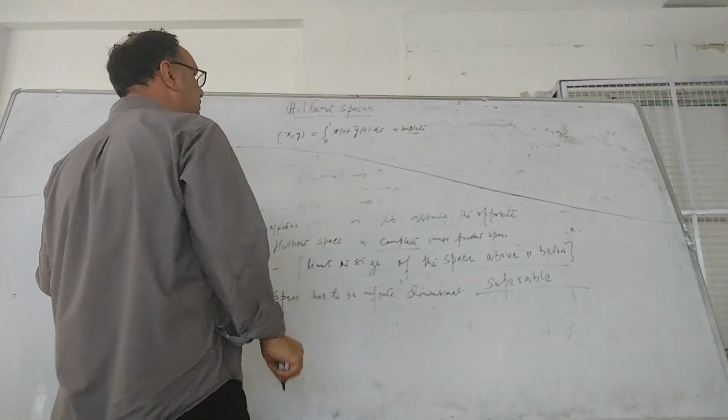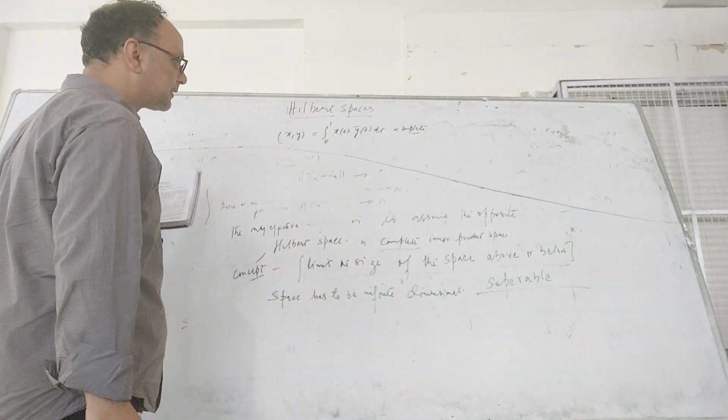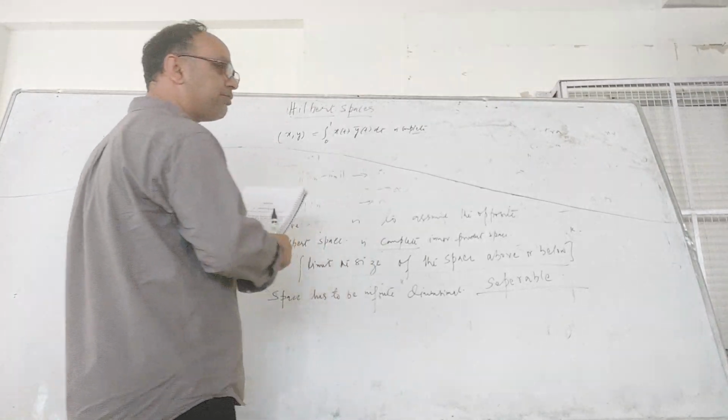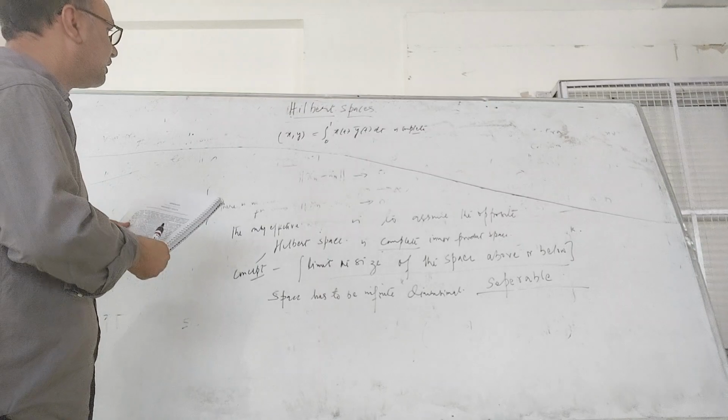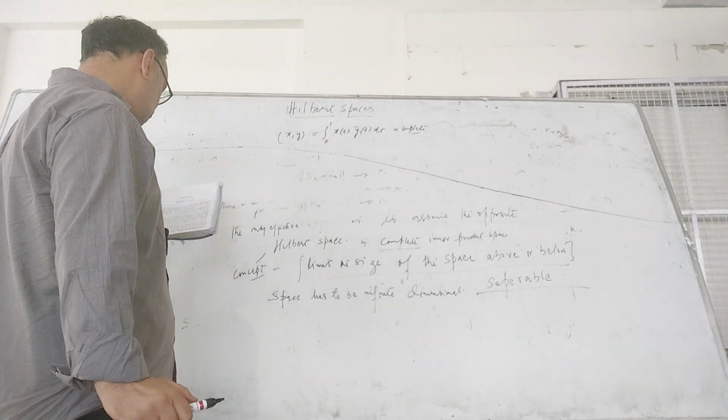So if it's not complete, then the Hilbert space, it is complete. So if we define it in some interval, it should be complete.